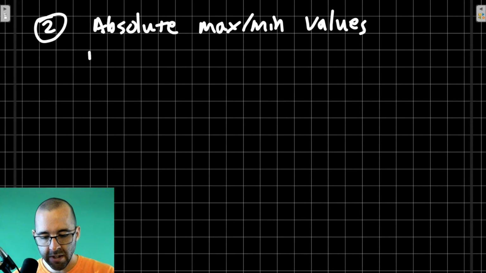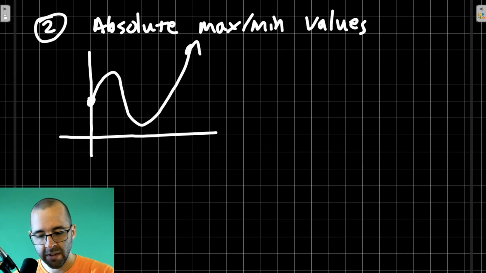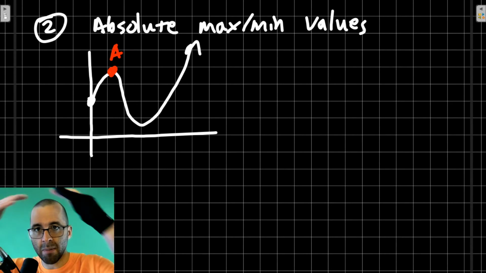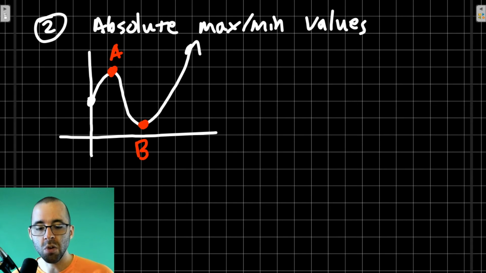Let's say we're looking at something like this. Let's say it starts here and it goes up and down and then all the way up. So A, this is a local or relative maximum. It's the top of a hill. This point B is a local or relative minimum.